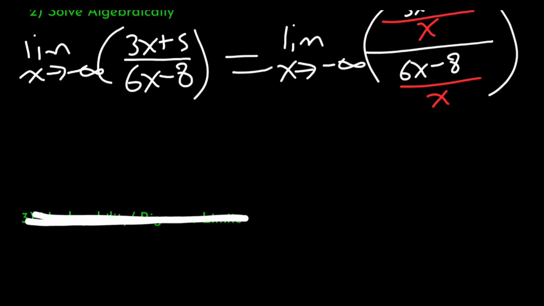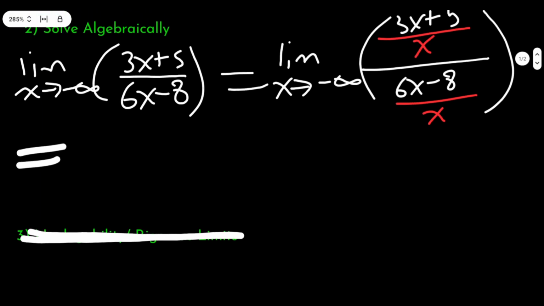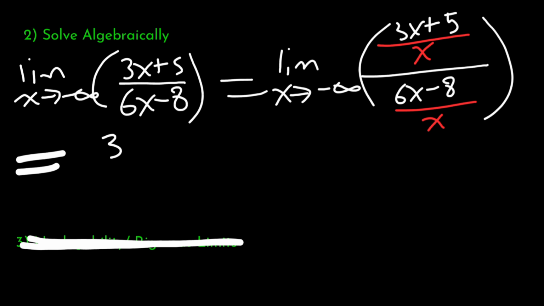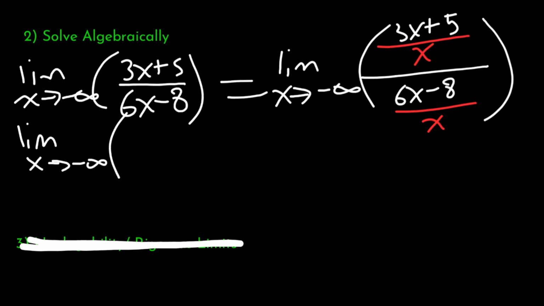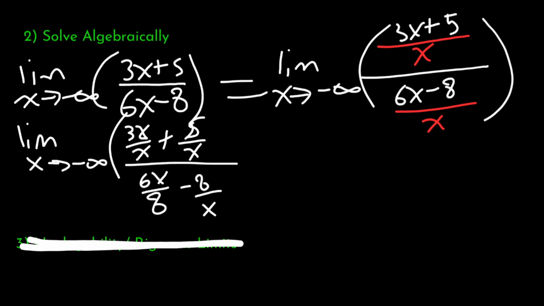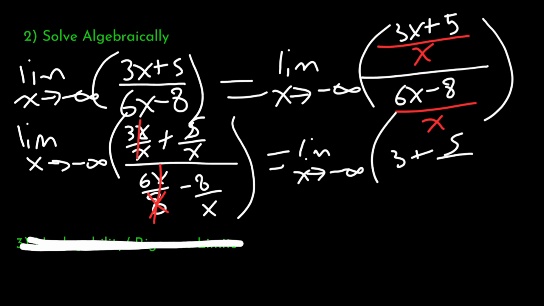If we split this up into 3x over x plus 5 over x, all over 6x over x minus 8 over x, the x's cross out, and we're going to be left with the limit as x goes to negative infinity of 3 plus 5 over x all over 6 minus 8 over x.